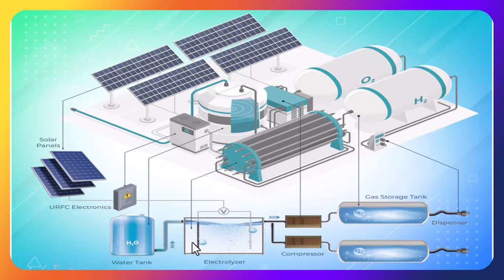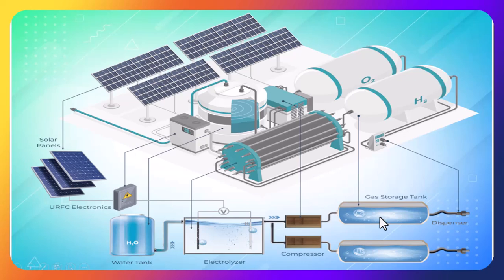Once you supply the electrodes with voltage, hydrogen and oxygen automatically get separated. Then you go to a compressor unit, where I will compress both hydrogen and oxygen, make them into liquid, and store them.